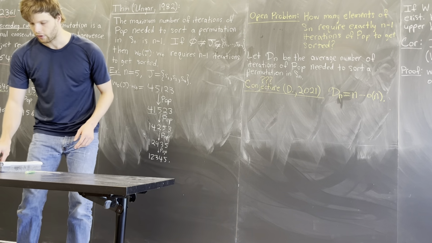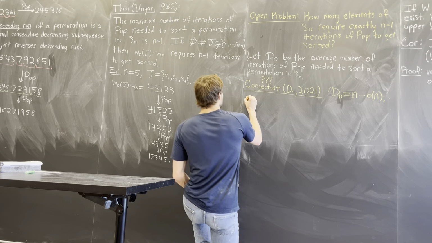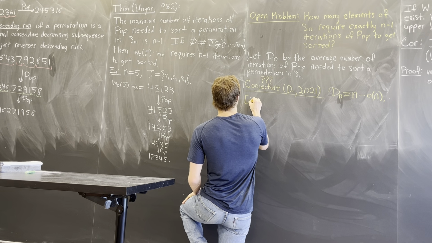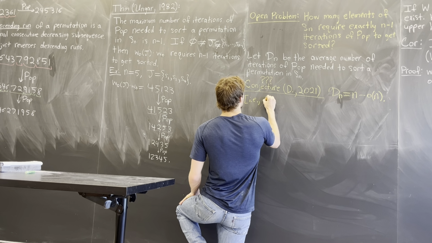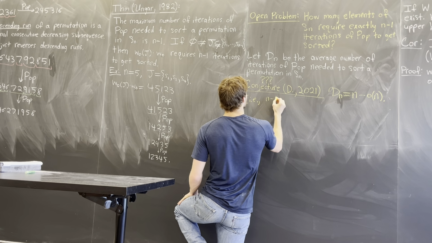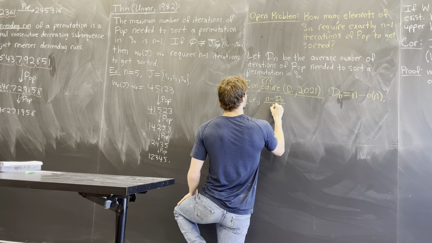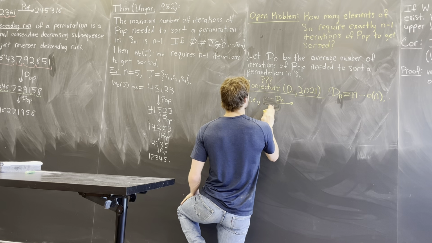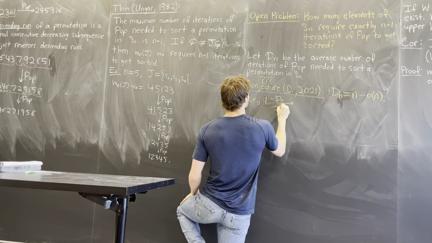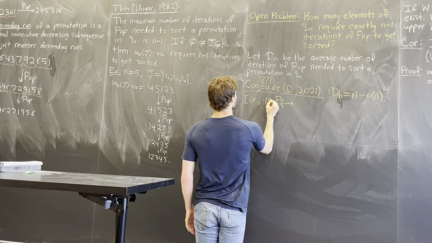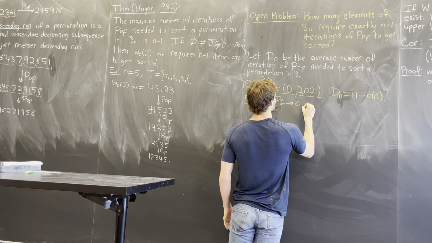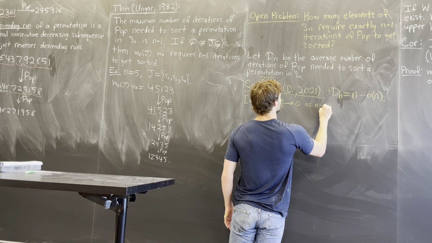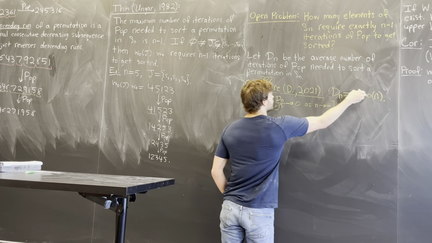I can also phrase this as, if I took n minus dn over n, I can factor this: 1 minus this thing should go to 0 as n goes to infinity. That's the same as what that's saying.